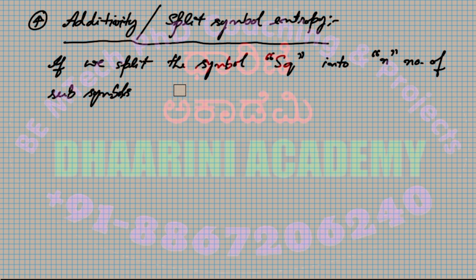Now we split the symbol into n sub symbols, such that, let's try to write it in this way. Such that SQ is equal to SQ1, SQ2, up to SQN. So there are n possibilities, so we have n such symbols, right?